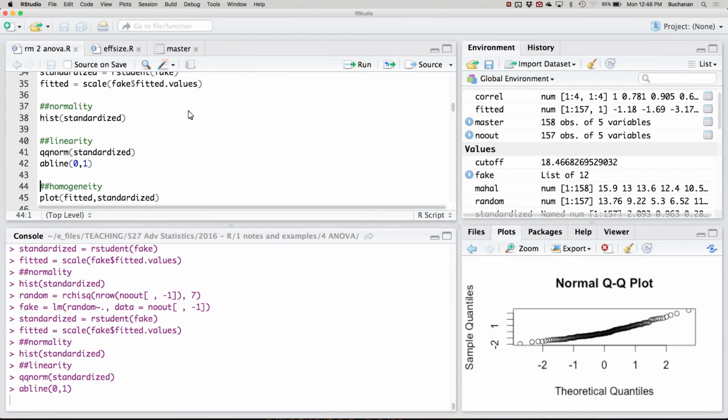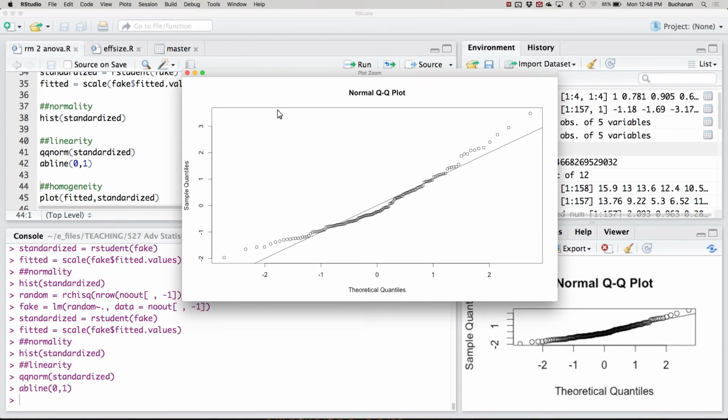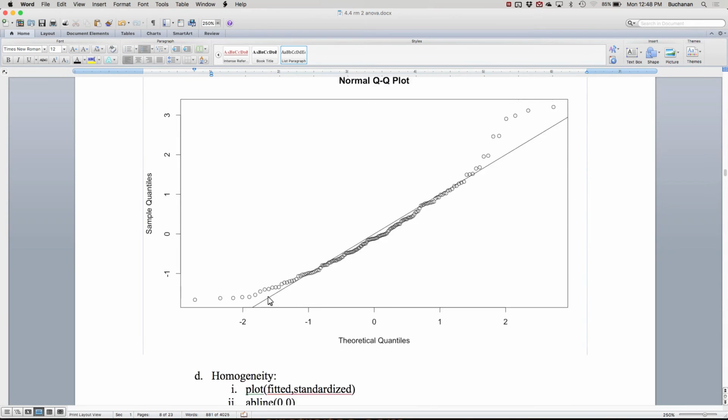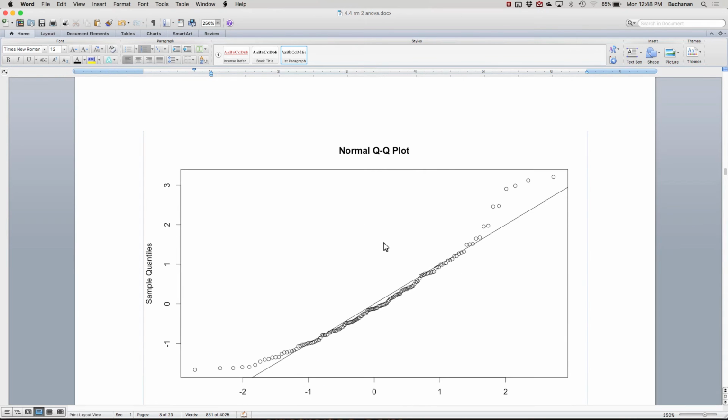Linearity is our QQ norm function. Looks okay. It's not good here or here. But the tails are always hard to predict because there's so few people in the tails of a distribution. So the tails will always be kind of your problem. If you look at the one I got last night, that's gross.